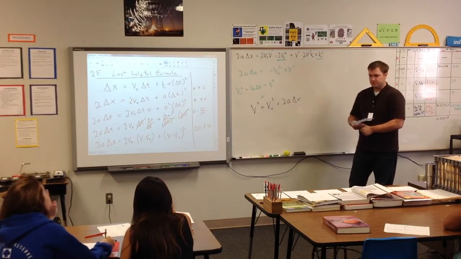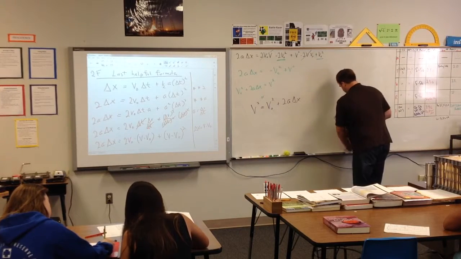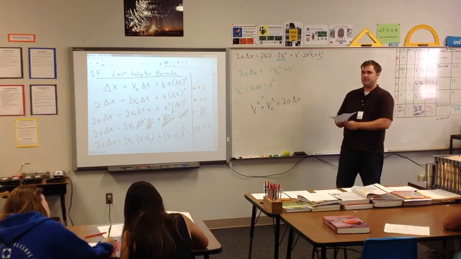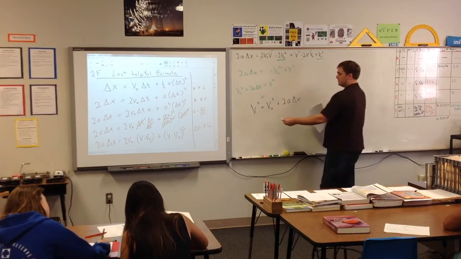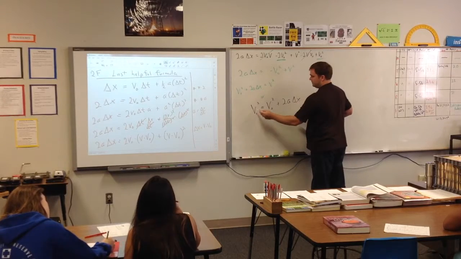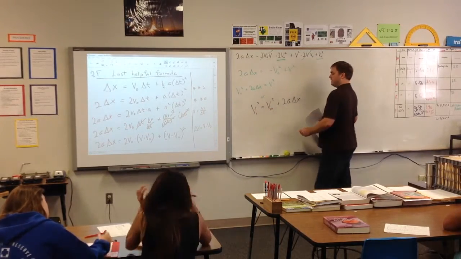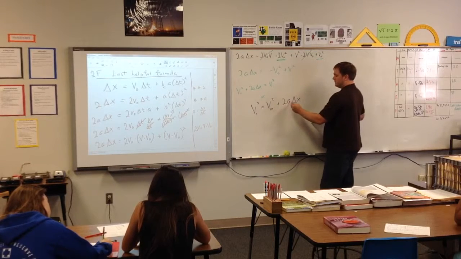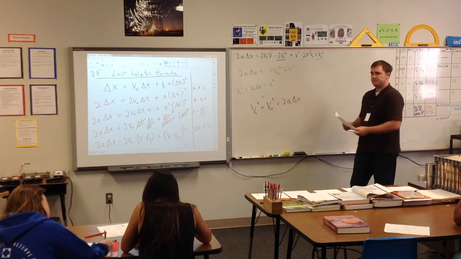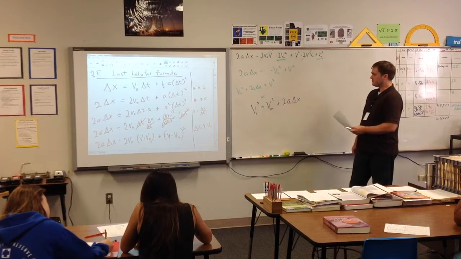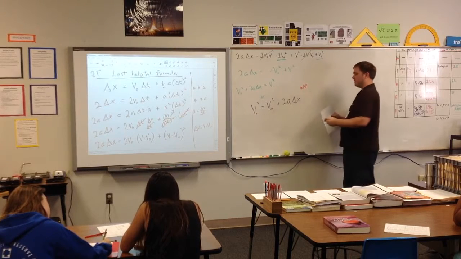The AP formula chart has this formula on it, but of course they want to emphasize that everything is in one dimension, so they'll put an x right here, so they'll say the final velocity in the x direction is equal to the initial velocity in the x direction plus 2 times the acceleration in the x direction times delta x. That is what you'll find on your AP formula chart.